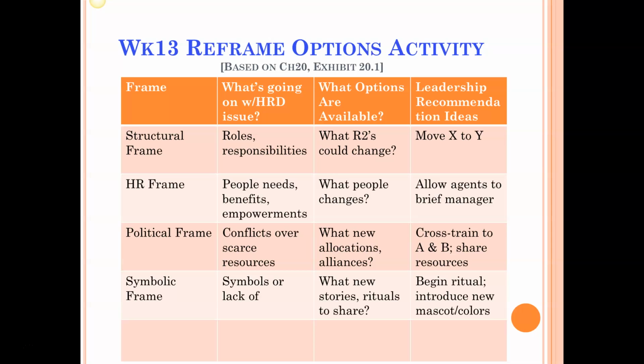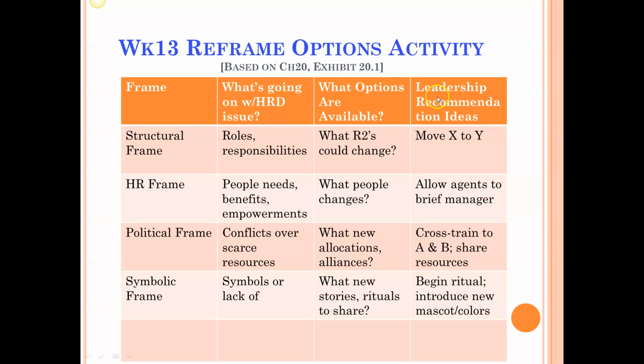Within the structural frame, what options are available to address that issue? Certainly we've got the roles and responsibilities that could be realigned, but what else do we have that we can identify, that we can actually do and make a leader?